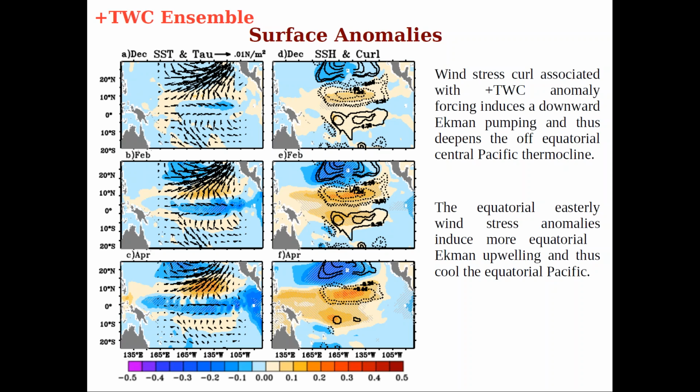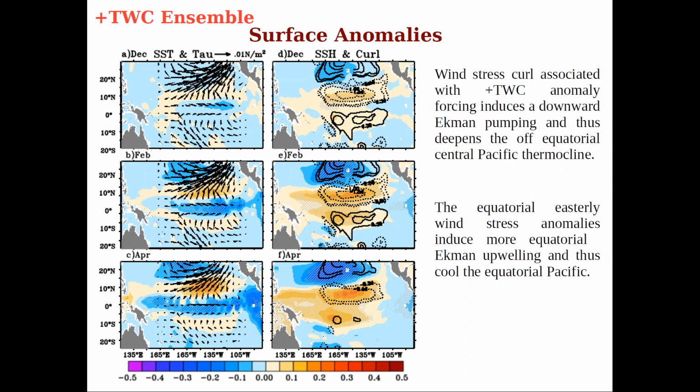You can see some lines showing that this region is above 95% significant. This wind pattern is the imposed wind pattern which we force the model with. It has a negative curl here in the subtropics, so it is giving downward Ekman pumping and deepening the thermocline in this region.